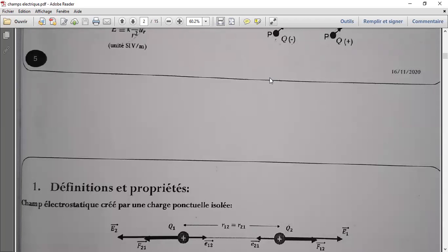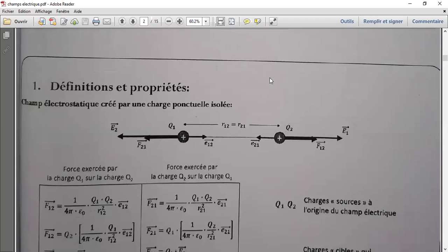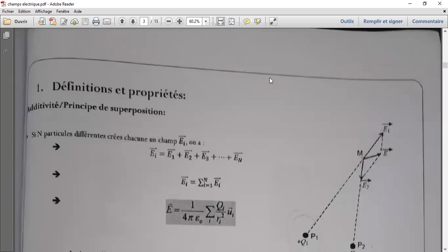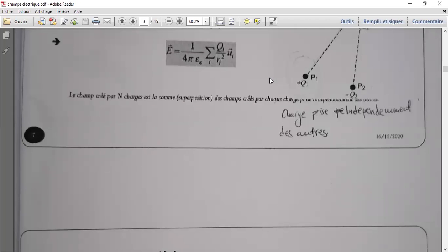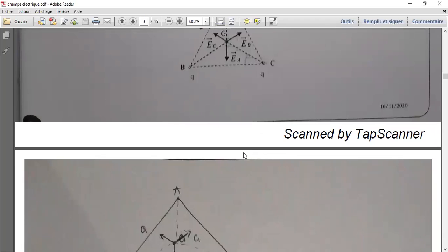So you have to see which one is causing the force, which one is exerting the force on another. That's the charge which you are going to use to calculate your champ électrique. And we looked at an example where A, B, and C were the sources exerting a force on the charge G, and we solved that one.